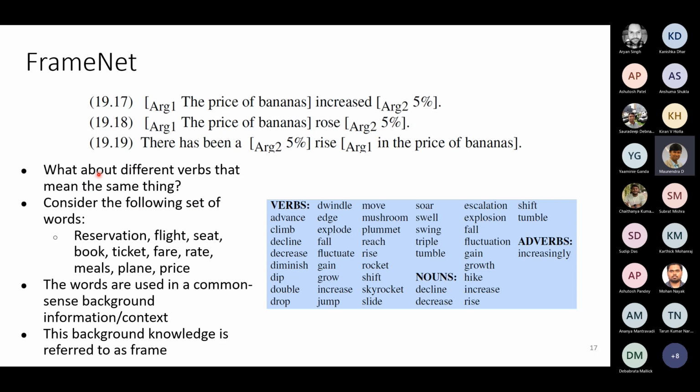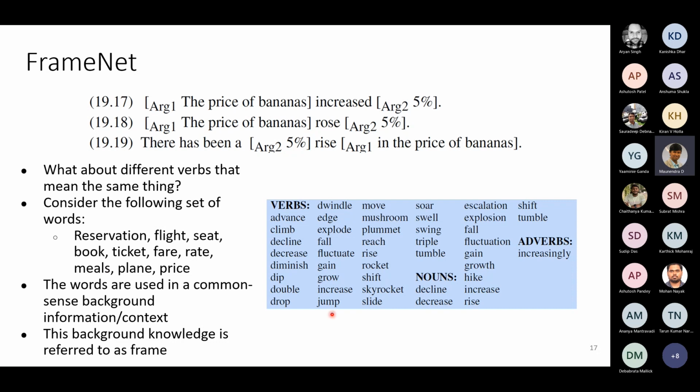Say, for example, different verbs could mean the same thing or similar thing, or they may be used to express similar kinds of actions. So if we consider the following sets of words like reservation, flight, seat, book, ticket. So these are nouns, meals, plane, price, and the verbs that appear along with this context, you will see, there are some commonalities with those verbs.